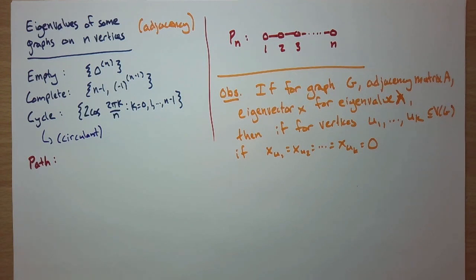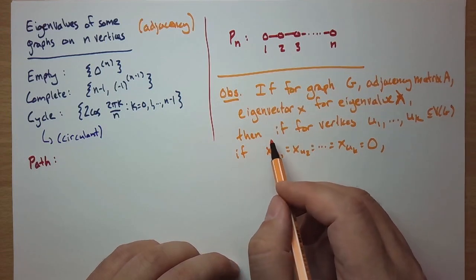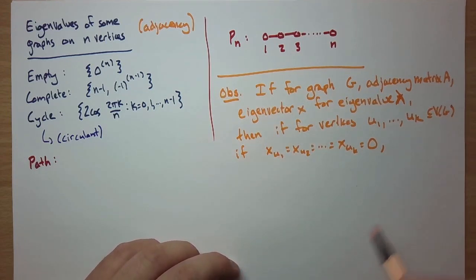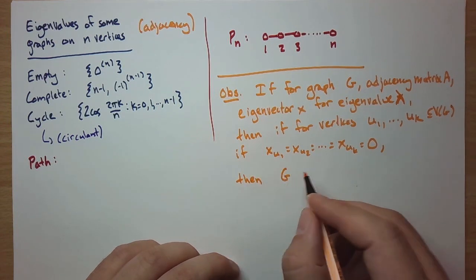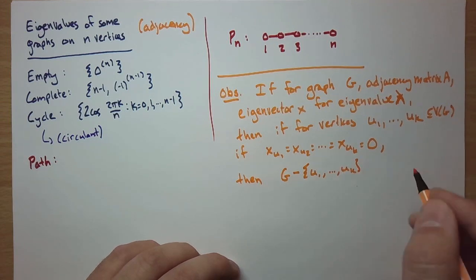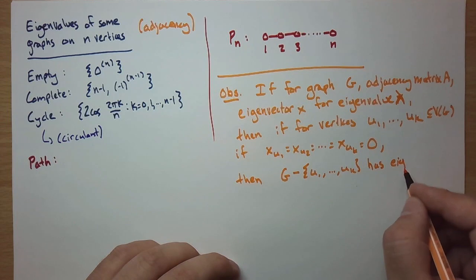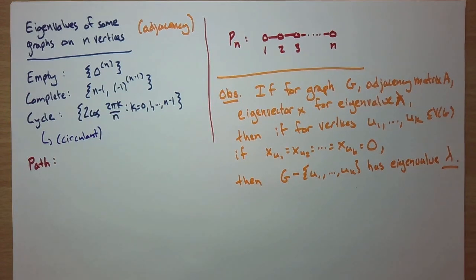All right, so if we have that, I notice I have an if then, followed immediately by another if then. But okay, we're just layering on our assumptions. You probably can predict what the next thing is. Then if you delete those vertices, so G subtract U1 up through UK has eigenvalue, and what's the punchline? Lambda. Yeah. Well, of course, that's the only thing that would make sense. Why is this true?